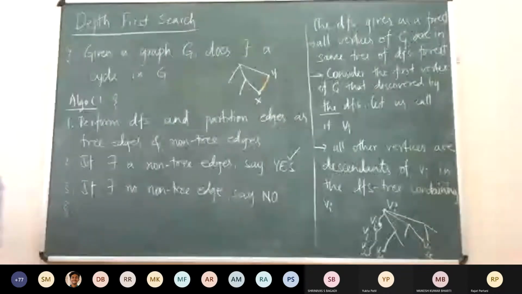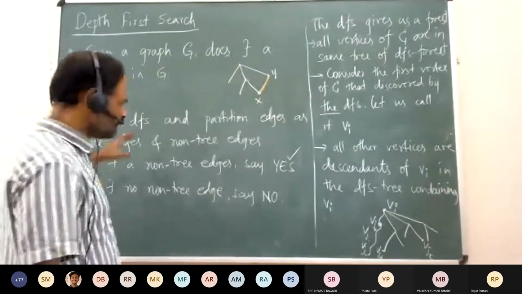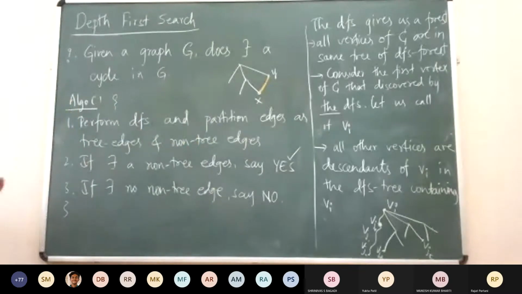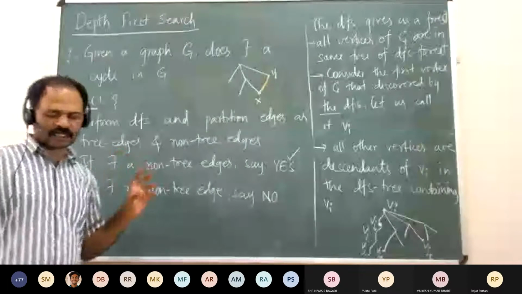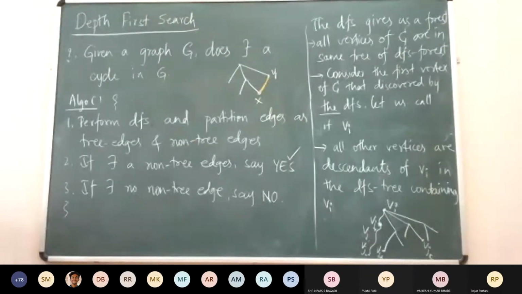Suppose the algorithm said yes. Then we exhibited a cycle. That was pretty simple. Suppose there was a non-tree edge UV. Since there is an edge UV, U and V have an ancestor-descendant relationship, so they belong to the same component in the DFS tree.